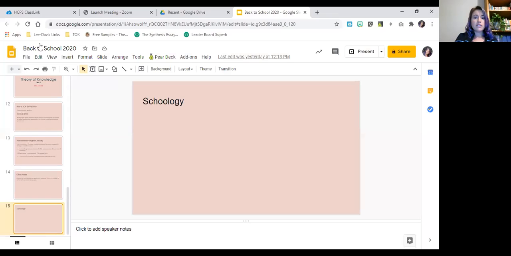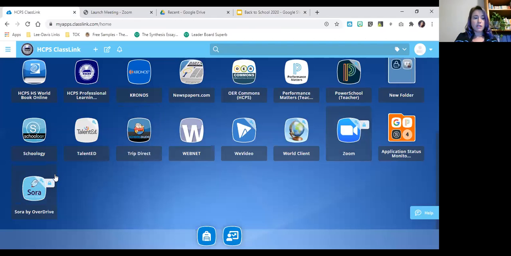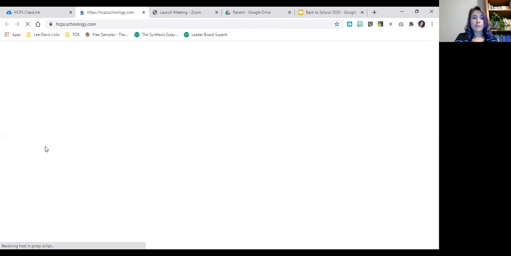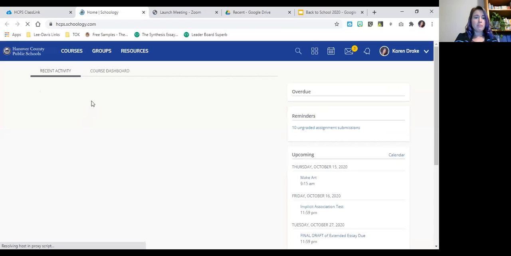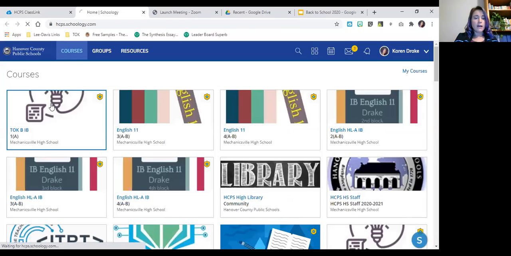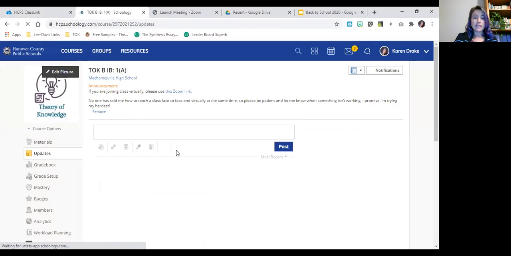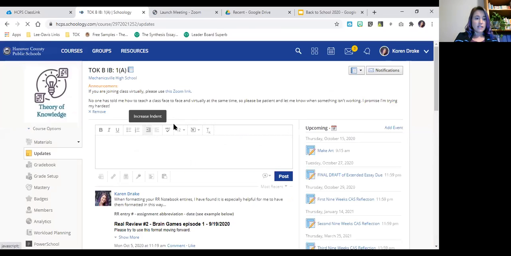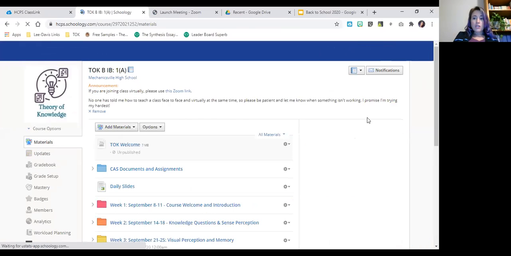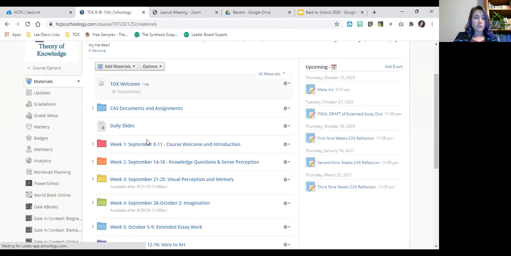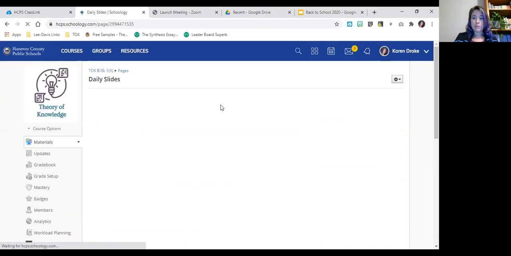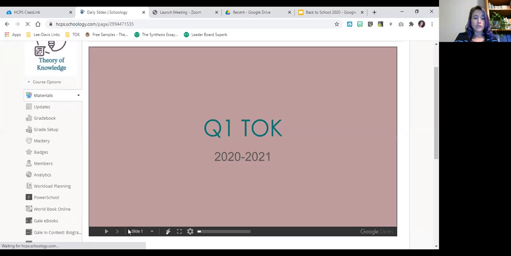The other option we have is Schoology, and our Schoology page, let me get that open for you all, is pretty basic, though I am posting quite a lot in terms of the weekly and daily slides. And if we go over there into the materials section, you'll see that the students have access to our daily slides here, and that includes everything that we're doing on a daily basis in terms of what notes or things that we're talking about.